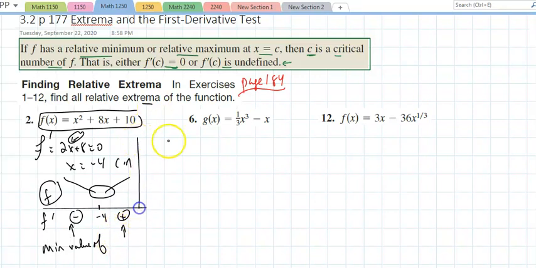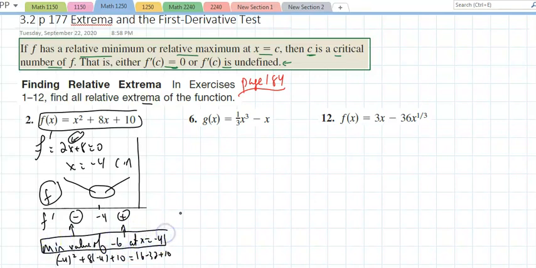F of negative 4 would be negative 4 squared plus 8 times negative 4 plus 10. That would be 16 minus 32 plus 10. 26 minus 32, we have a relative minimum of negative 6 at x equals negative 4.